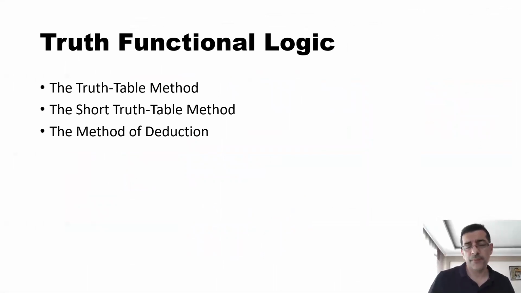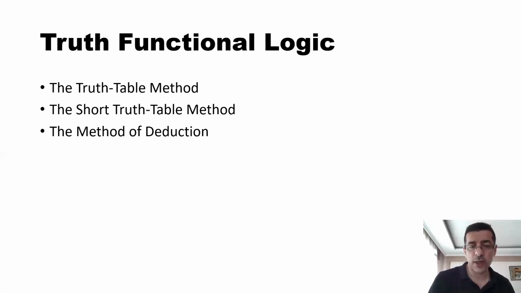Okay, so as you can see here, to understand the validity or invalidity of an argument, we need a test. These are the methods that we can use: the truth table method, the short truth table method, and the method of deduction.